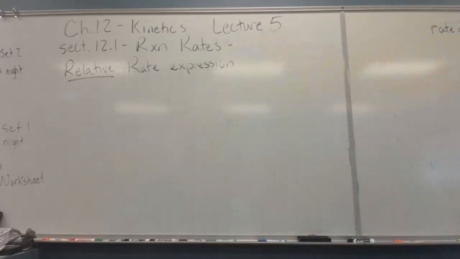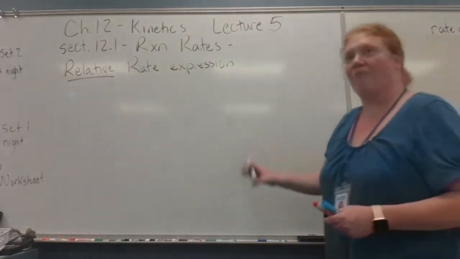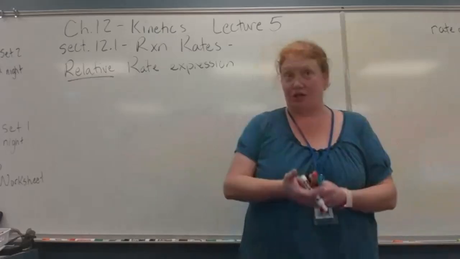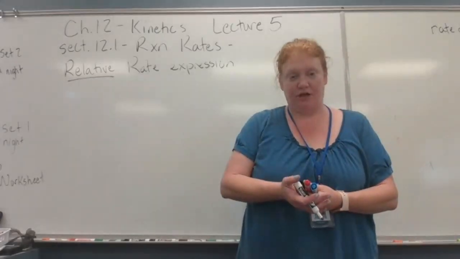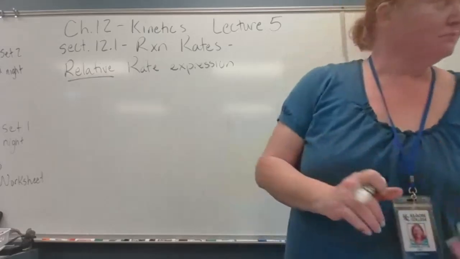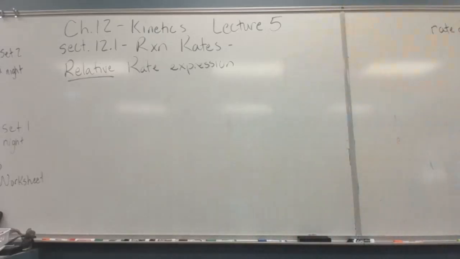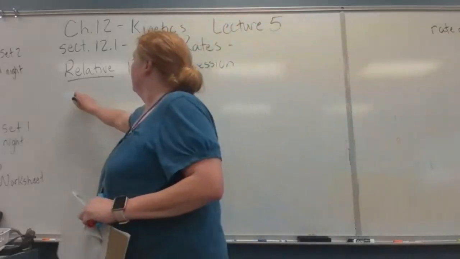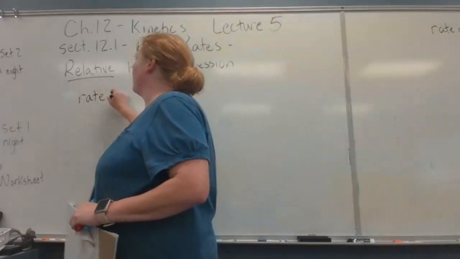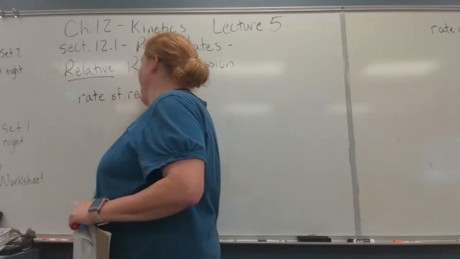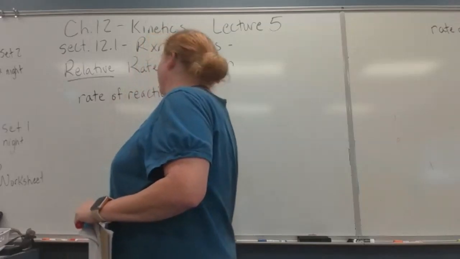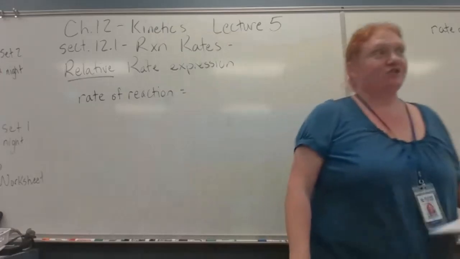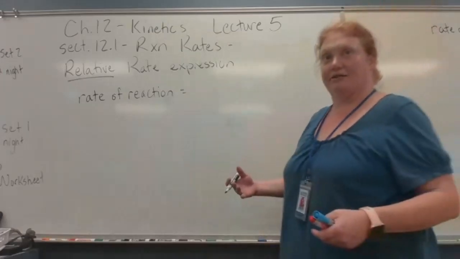I'm thinking about how all elements, all compounds' rates are related to each other. I said there's only one overall rate of the reaction, right? There's just one rate. So how does each piece fit into that rate?